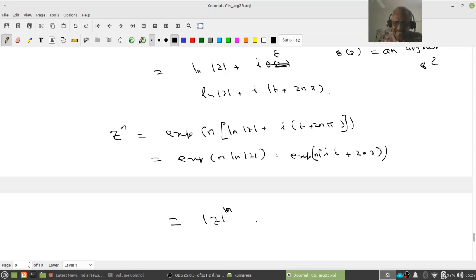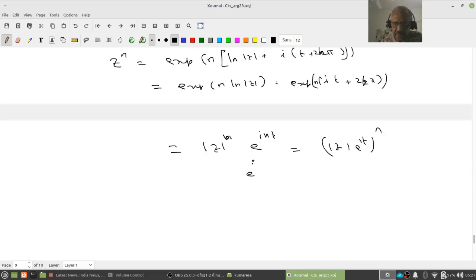Into e power int, but remember it is mod z power n, and also times e power, there is an n, therefore this will be some k, some k is an integer. Any argument will differ by e power i n k t 2 pi, but that's going to be 1. Therefore, this is z power n.